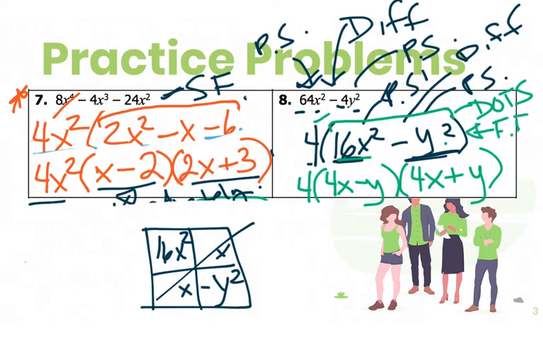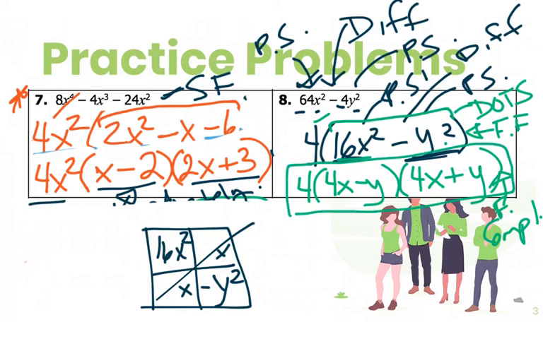So this is in factored form, but this is factored completely. So the first line is standard form. The second line is factored, and the third line is factored again. So that's factored completely.